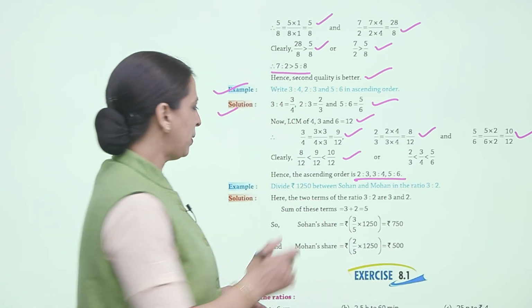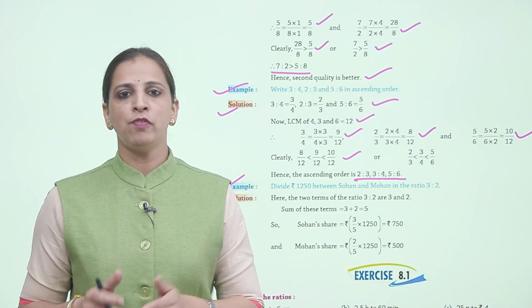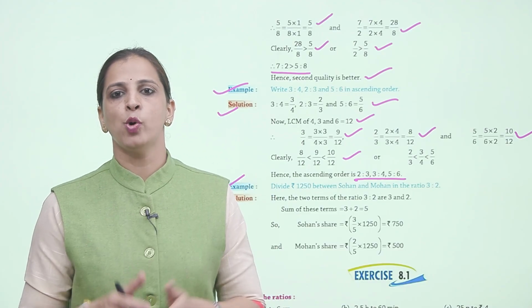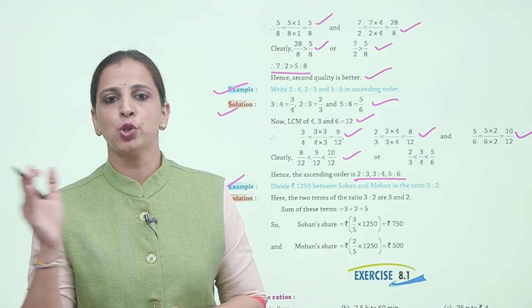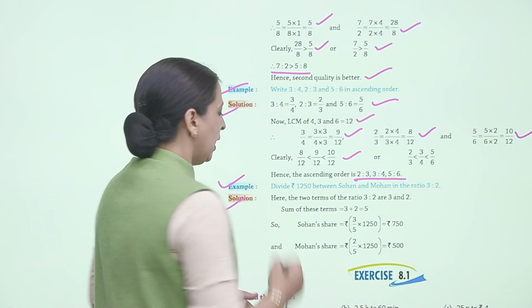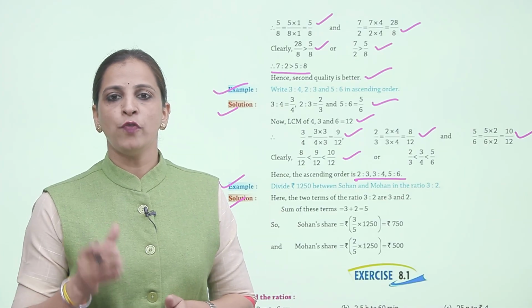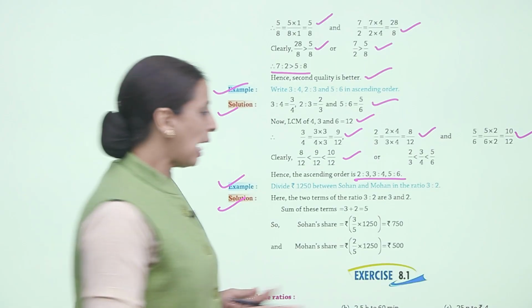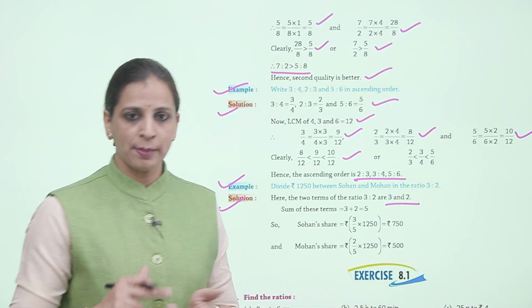5:6. Now next example. Divide rupees 1250 between Sohan and Mohan in the ratio of 3:2. Solution करते हैं. Here the two terms of ratio 3:2 are 3 and 2. तो इन दोनों को सम करना है.